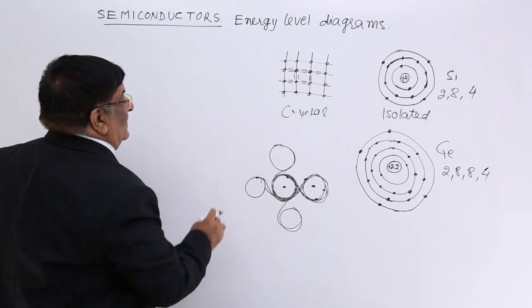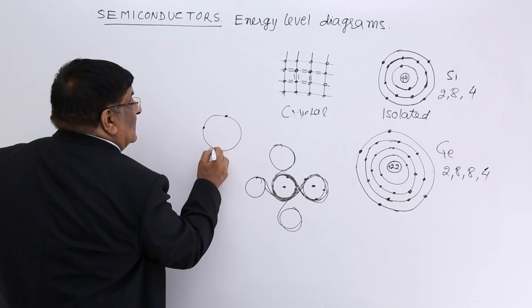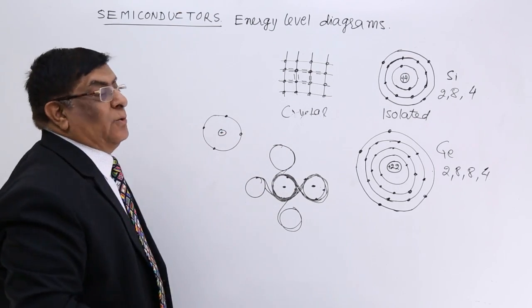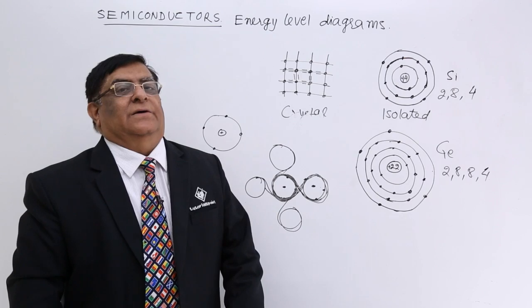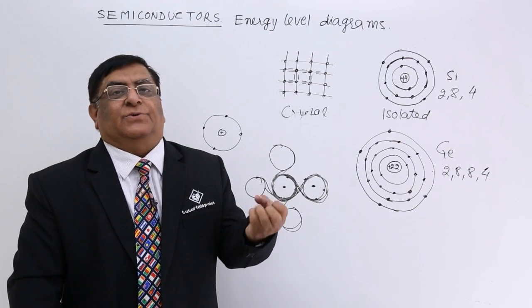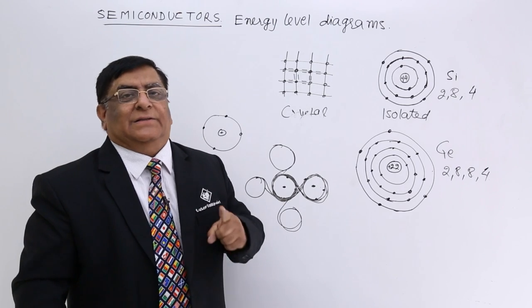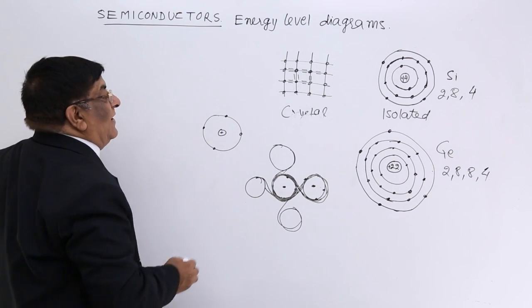There may be few electrons which have received energy more than this. How? That is by heating. If we give heat to a semiconductor, it receives thermal energy, and that energy, when it is received by this electron, what it will do?